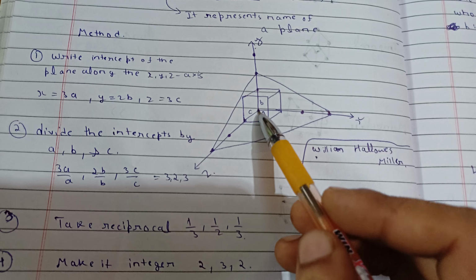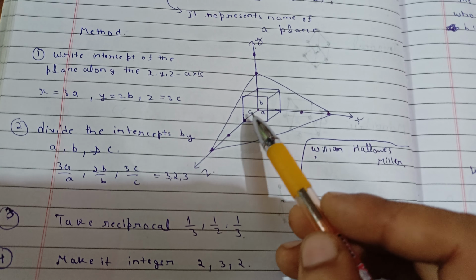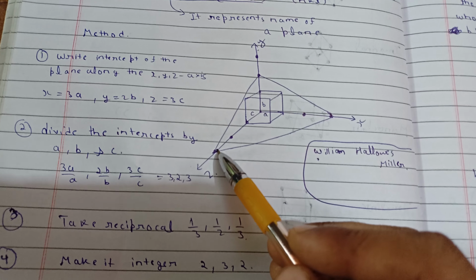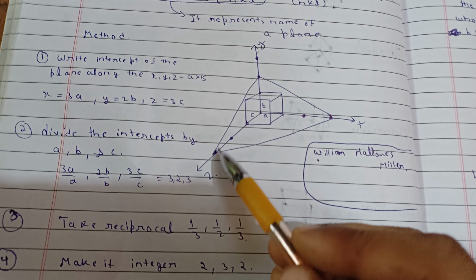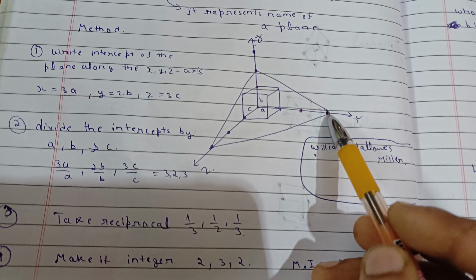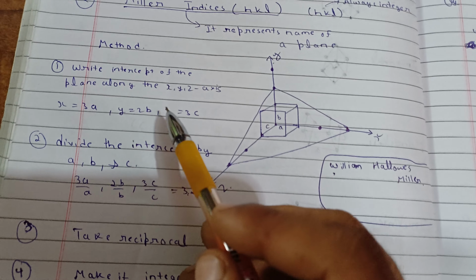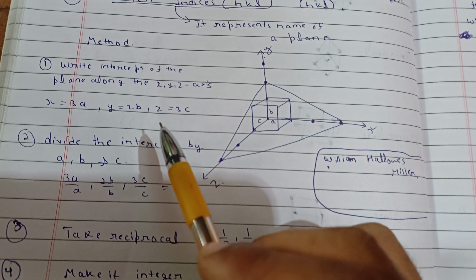How? This is the unit cell, so let's say this length is c, so this will be 1c, 2c and 3c here. So the z intercept will be 3c, the x intercept 3a, and for y, 1b, 2b, so 2b.